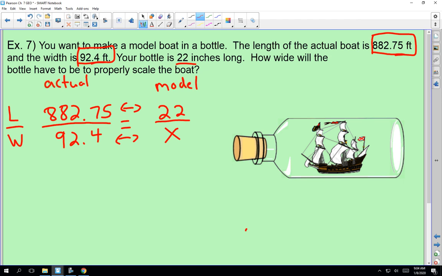So cross multiply to solve. Why don't you go ahead and cross multiply this? This one you can cross multiply the 92.4 and the 22 and then divide by the 882.75. That 92.4 is significantly less than the 882.75, so the width of this bottle is not very wide. What do you end up with?